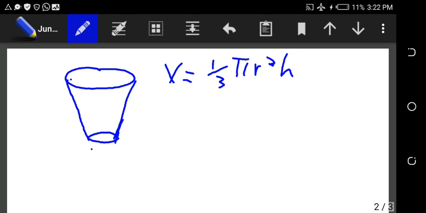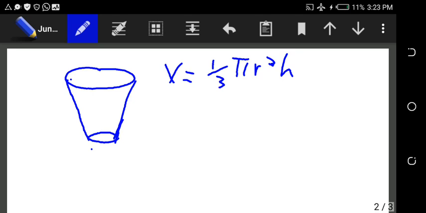We can make use of derived formulas, but there is no express formula we can plug values into. So what we want to do is to make use of reasoning. We want to reason this out and see how we can calculate the volume of a frustum.